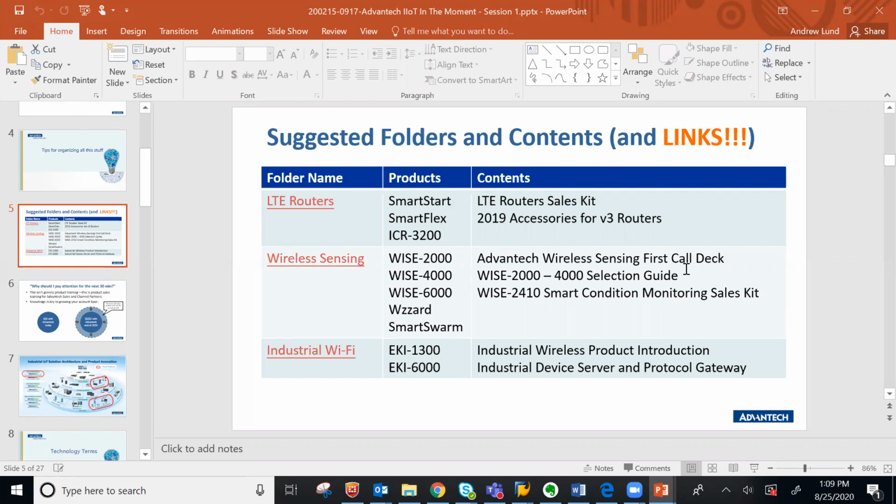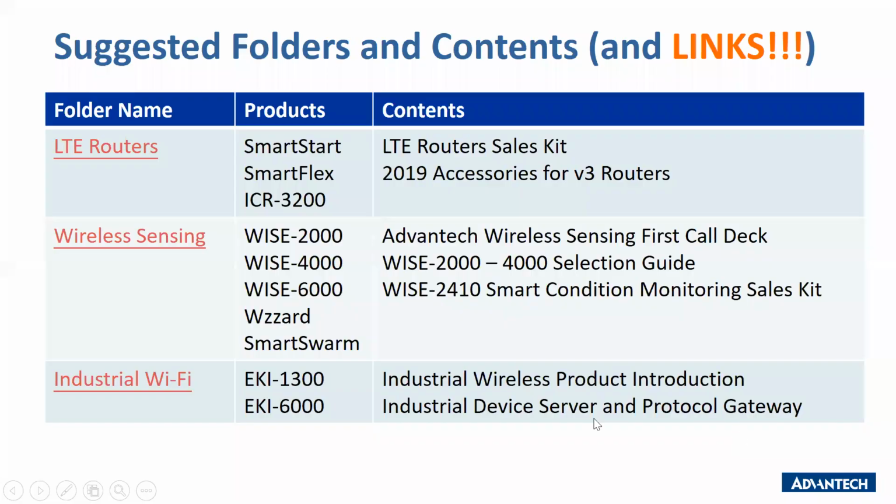Thinking about how to organize the content that we'll go through, I would consider this. As I said, this is going to be sent out. You'll have links here to Dropbox files or folders that have a lot of sales kit material and data sheets and things like that, all in one place. And then Advantech LTE routers, Advantech wireless sensing.